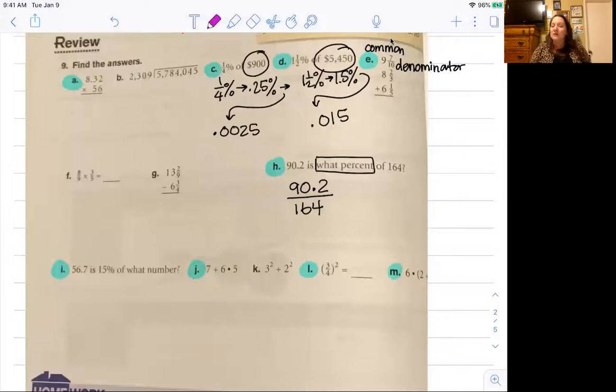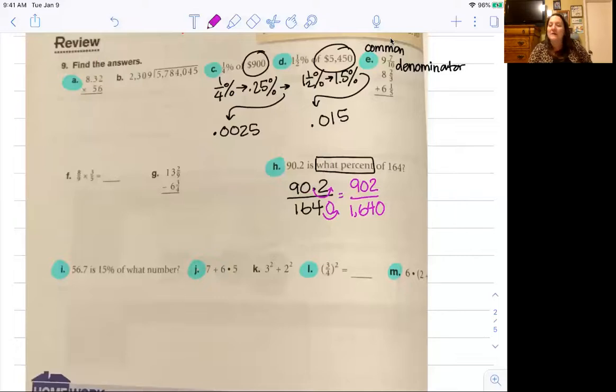So you can move your decimal, and whatever you do in the numerator, you must also do in the denominator. So your new fraction is 902 over 1,640, and it should be a little bit easier for you to solve that way.